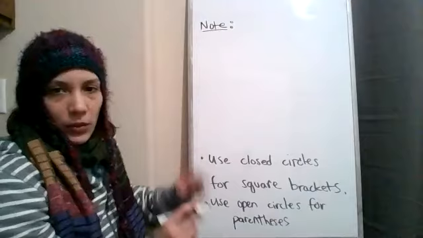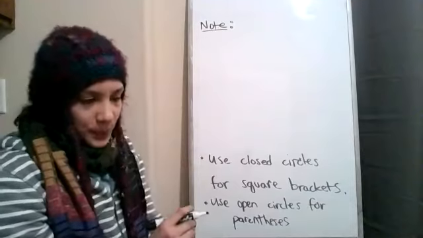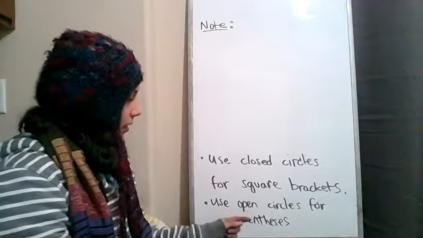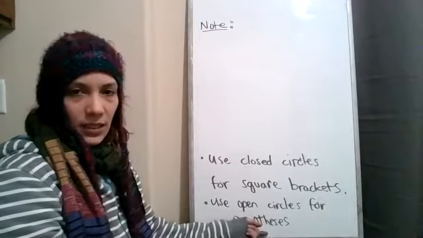Okay, last note, and then I'll do a lot of examples: positive and negative infinity are always going to have parentheses.